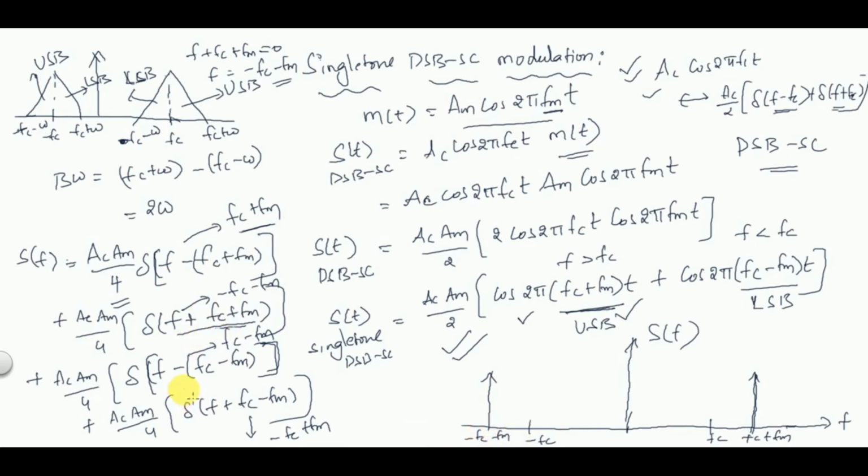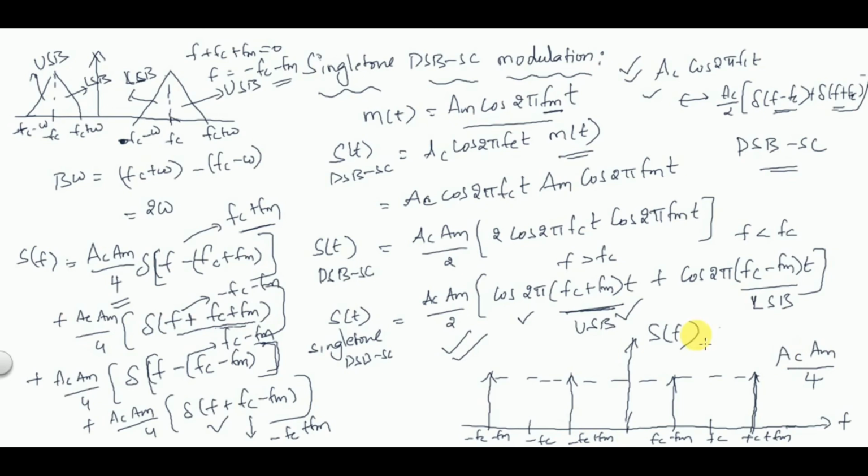The third impulse is at fc minus fm, below fc, and there is an impulse function at minus fc plus fm. All the impulses have the same amplitude, equal to AcAm by 4.